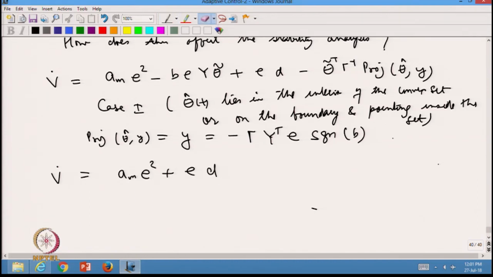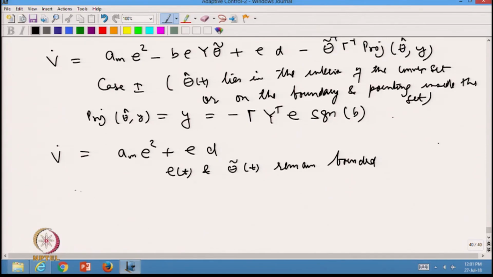This is the same situation that we had in the unmodified case. The difference here is that we are making sure that theta hat is within the convex set. So in this case we can say that both the tracking error and the parameter estimation error remain bounded.